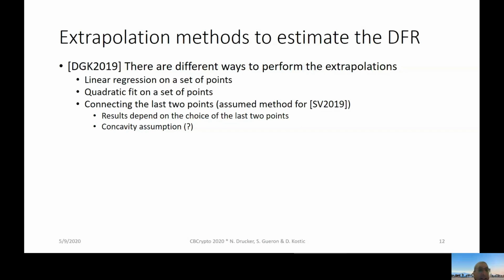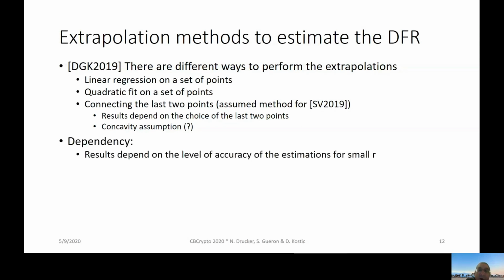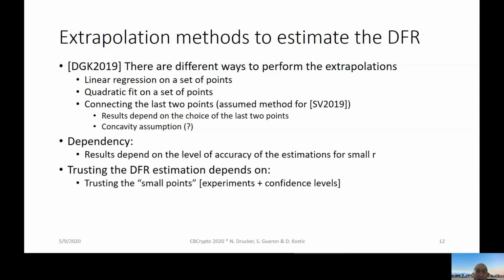So what is the dependency? Actually, the results depend on the level of accuracy that you have for the estimations for small r. To trust these estimations, you also depend on the quality of the small points, so the experiments and the confidence level you have on the actual data that is collected. Plus, you need to trust the assumption on the extrapolation.